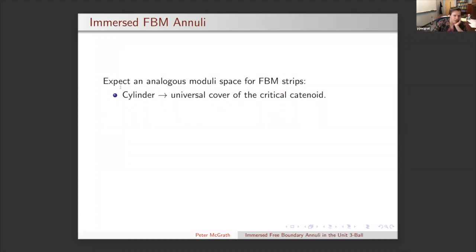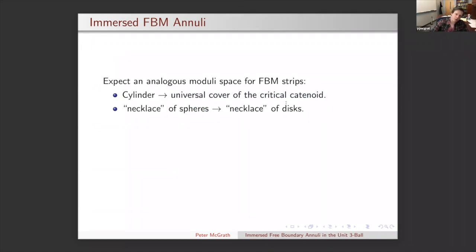And in this analogy, the cylinder for the Delaunay surfaces gets replaced with the universal cover of the critical catenoid. So if you take the critical catenoid, you take, say, its parameterization on R2 on a complete strip, you just wrap that around. So that's what we think of as being analogous to the cylinder.